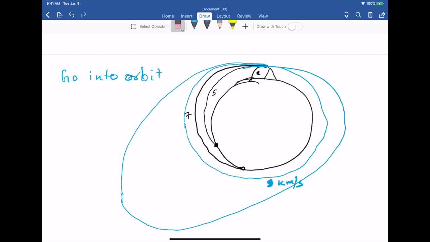So you understand now what is necessary to put a satellite into orbit. You just need to give that satellite a very, very high horizontal velocity, between 8 and 11 kilometers per second, and then the satellite will just go into orbit.